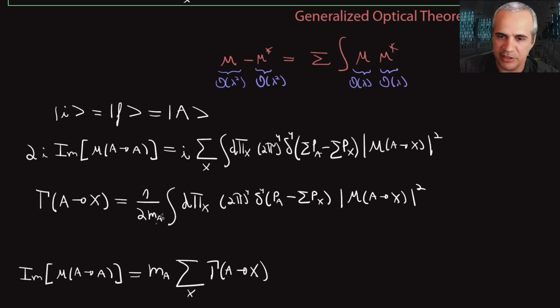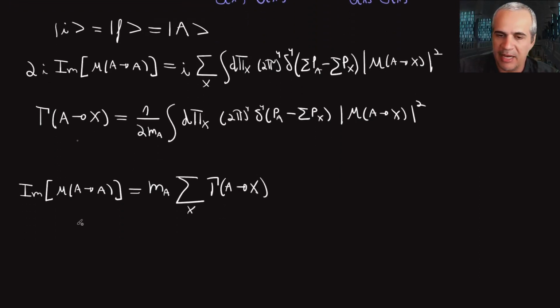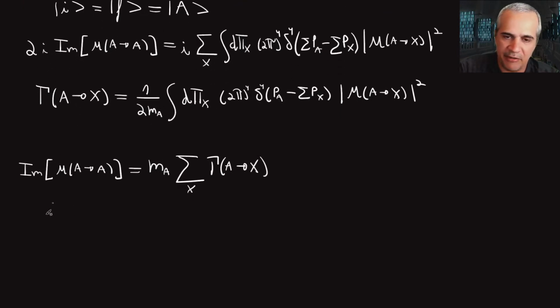So essentially I just multiply the m_A on the other side. And remember that I have this sum over X. The rest I have here is exactly this expression. So I related the imaginary part of a one-to-one transition to a one to n.